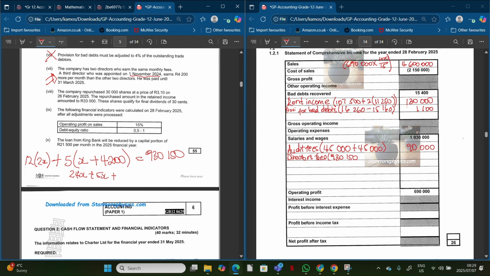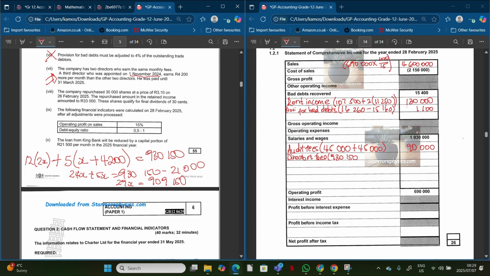So I'm just going to do it quickly and transpose it immediately. The positive 21,000, when we transpose it, we're going to have 930,150 minus 21,000. Then how much do you get there? We have 29x equals 930,150 minus 21,000, and that gives us 909,150.